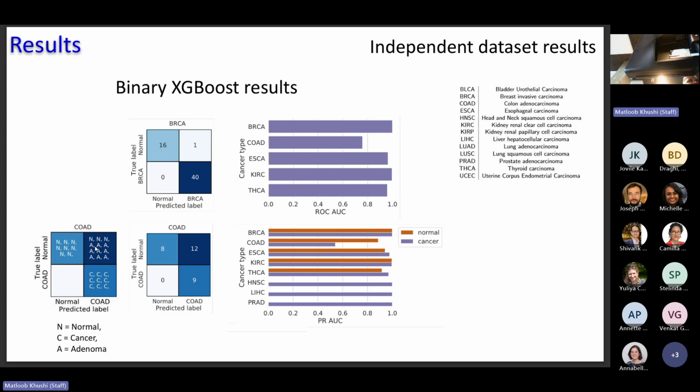These are benign tumors that can eventually turn cancerous later on. So because the model learned the methylation patterns associated with a cancerous state, it found some of those patterns in the adenomas as well. And so that's the reason for the misclassification here.